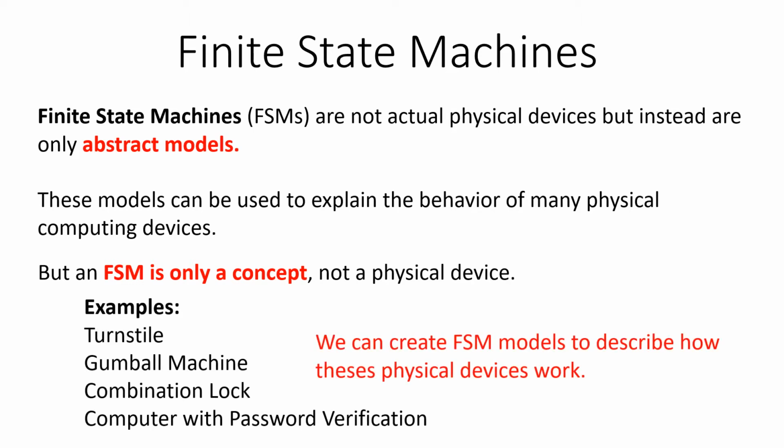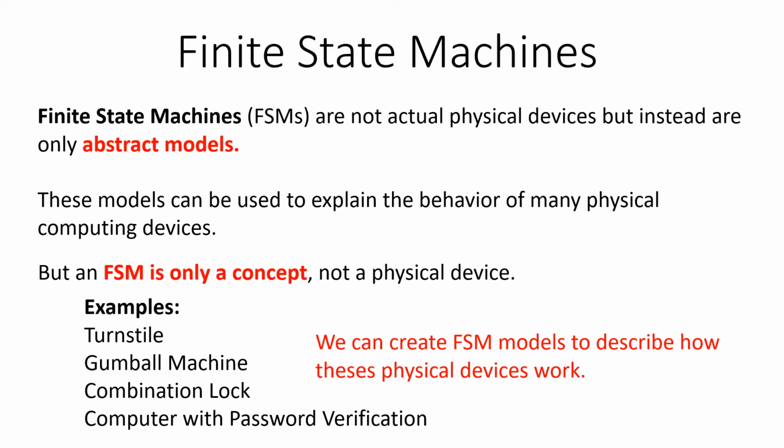Here are some examples of physical devices that we can use FSMs to describe when we're trying to describe the behavior of these devices. A turnstile, and that's one of the examples we're going to use. A gumball machine, and we're going to use that example too. A combination lock is another physical device that can be described by using this abstract model called a finite state machine.